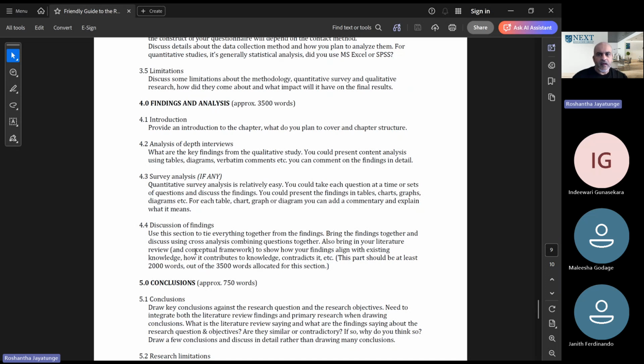All right. And then you can comment on the findings in detail. When you're analyzing it, you can refer to a particular literature that supports what was said. So when you do that, you say, for example, someone says, "Earlier I thought this was technical. It was too technical. Now I feel at ease."